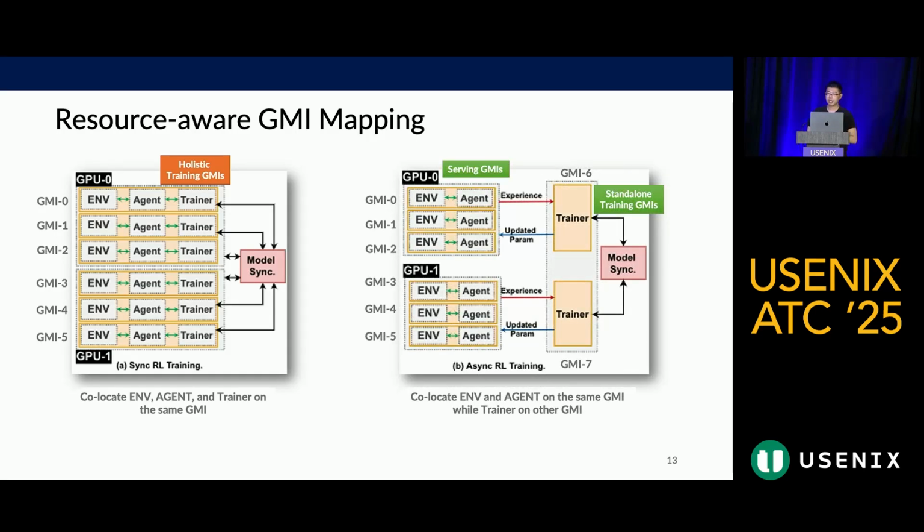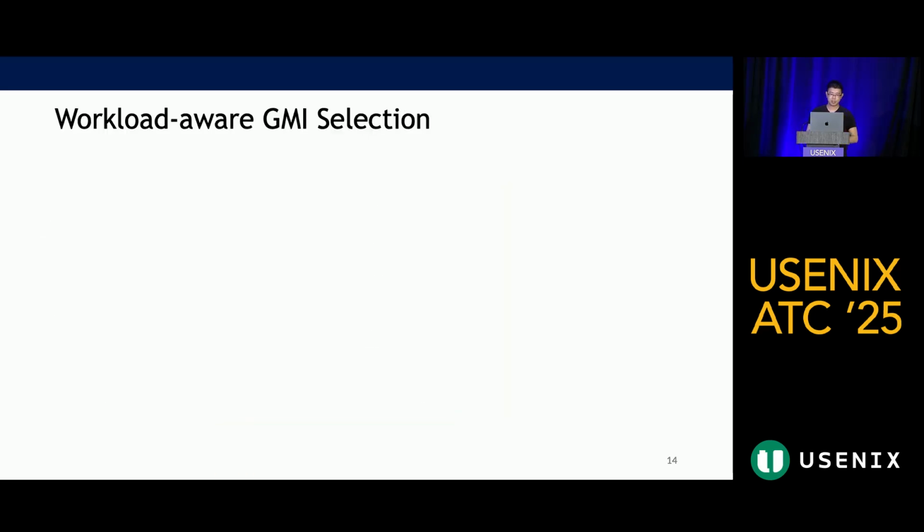The second is decomposed parallelism, with both data parallelism and the different phases separated on different GPUs. For example, we lay out the trainers together on different GPUs, while putting the serving phases, which collect the different experiences, on other GPU instances. But the key question here is how many of these serving or training instances should be placed on each of the GPUs.